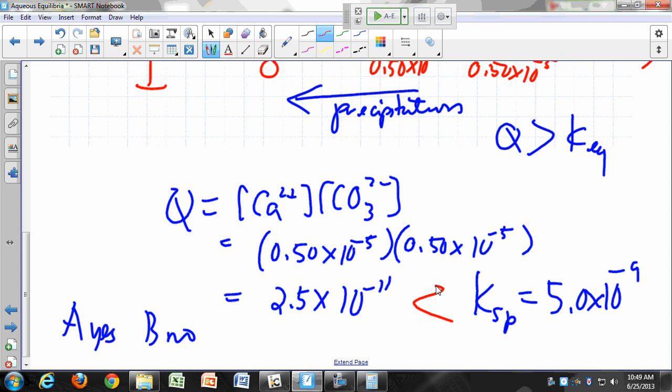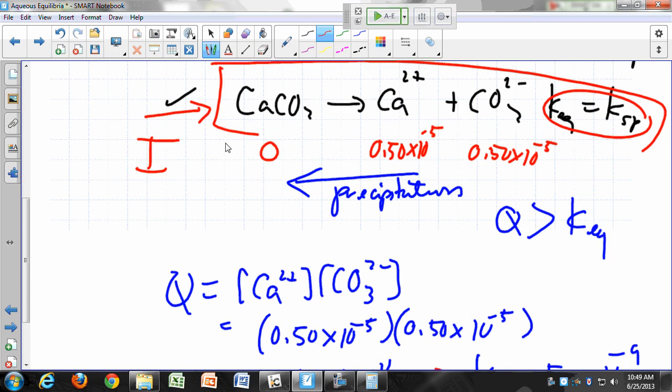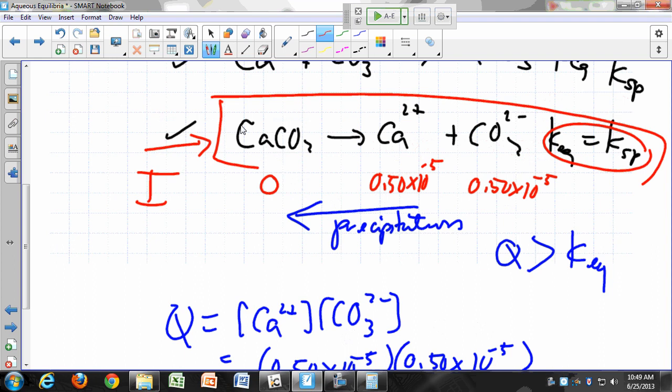So, will the reaction go forward? No, there is no solid calcium carbonate. It can't go forward as written because you don't have any calcium carbonate, but it will not go in reverse either. KEQ in this case is KSP.